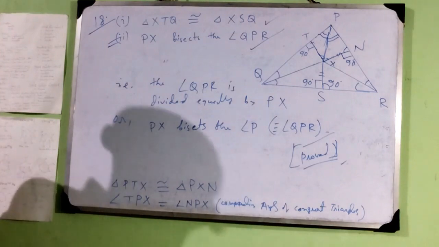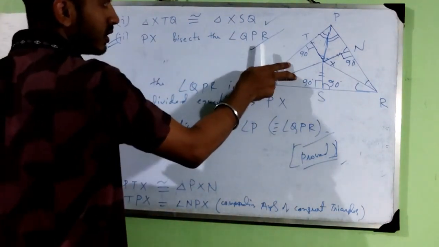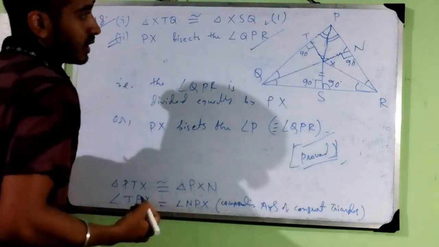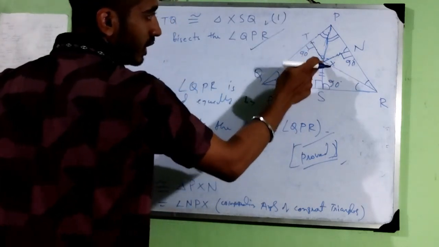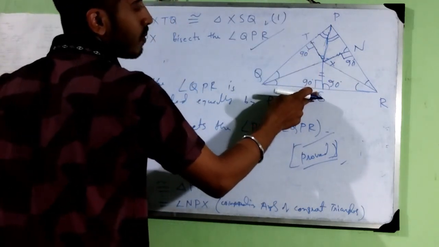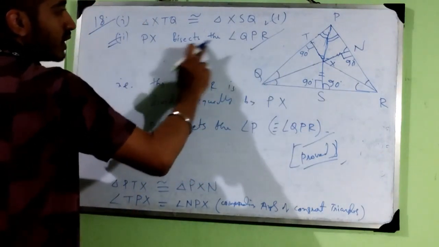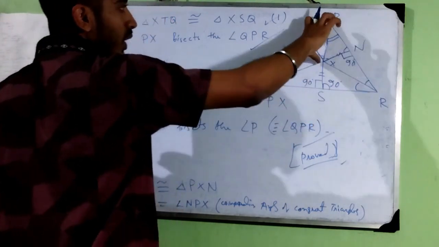So like what we've done, let's see the second part. First prove this part, it proves the first one. Next we write a result: this side will be equal to that side. After that, for this part, we have to construct a perpendicular on that and join PX.